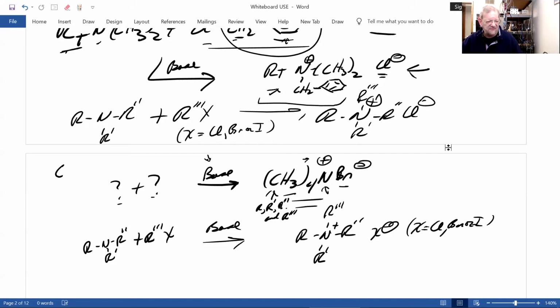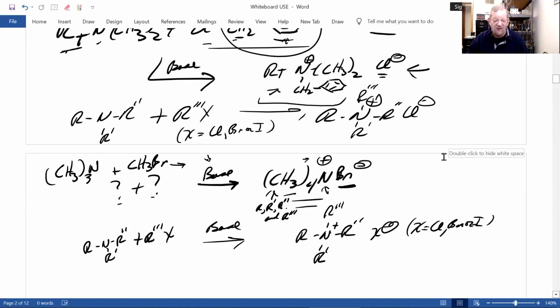So in that case, my tertiary amine is trimethylamine, and my alkyl halide, notice X here is bromine, would be methyl bromide. And that you react in the presence of base would give you tetramethylammonium bromide.